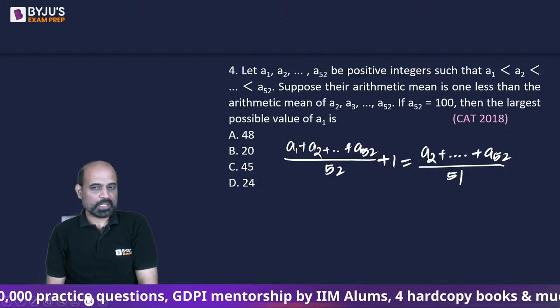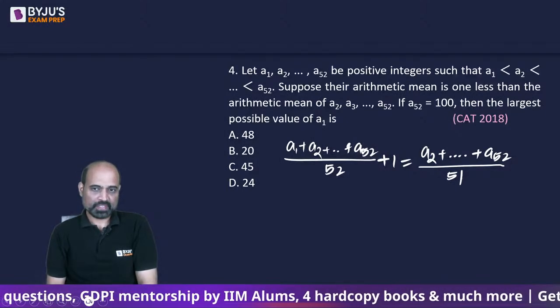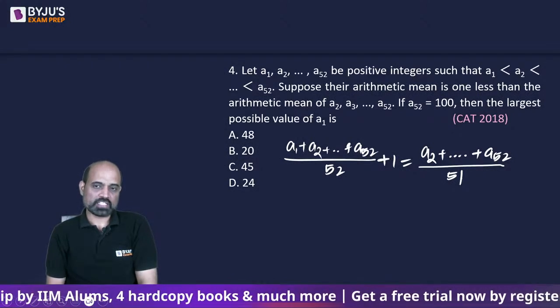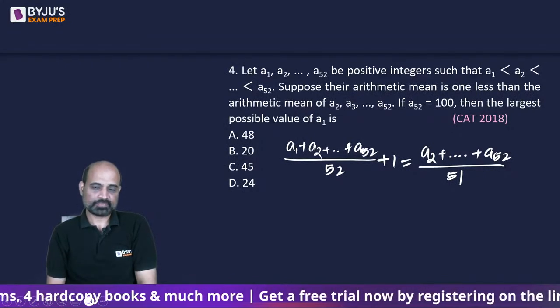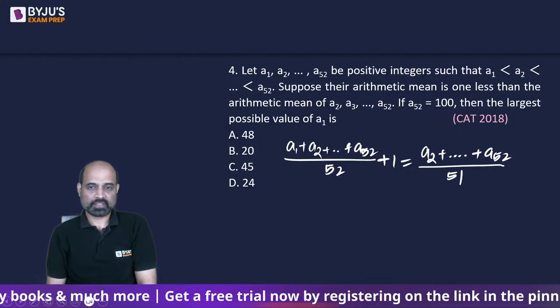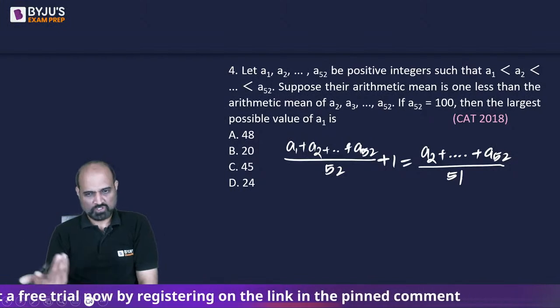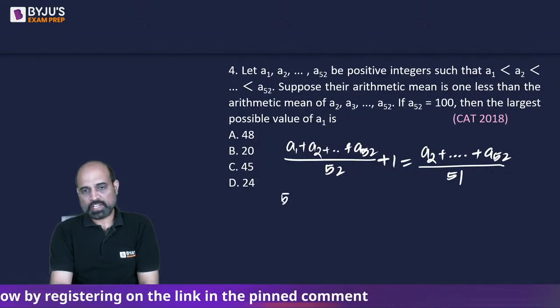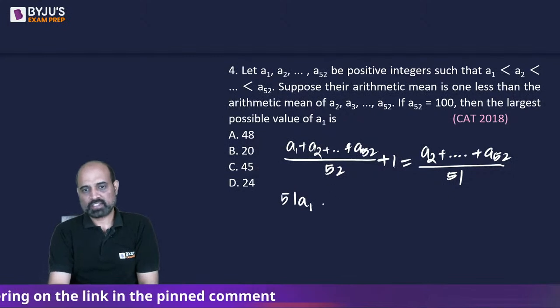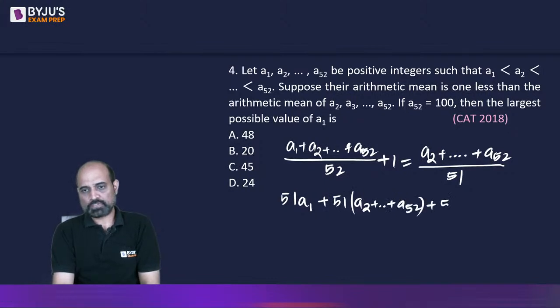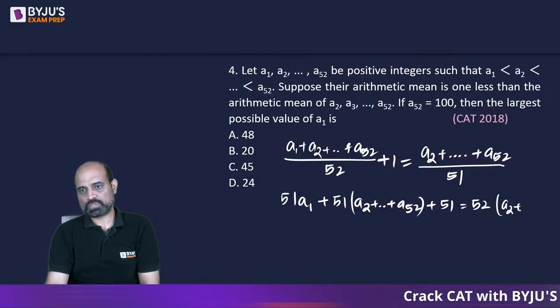If I cross multiply, I'll get an equation, right? Where from a2 onwards, we won't be able to cancel out anything. Let's try it. So we will get 51a1 plus 51 times a2 up to a52 plus 51, and this is going to give me 52 times a2 up to a52.